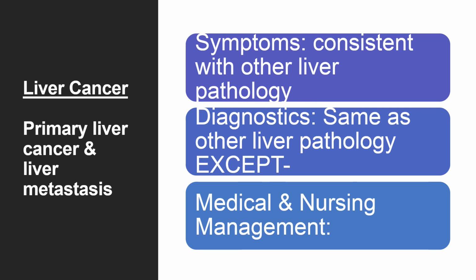So they'll put alcohol, like your isopropyl alcohol, into a tumor to dehydrate the tumor cells.